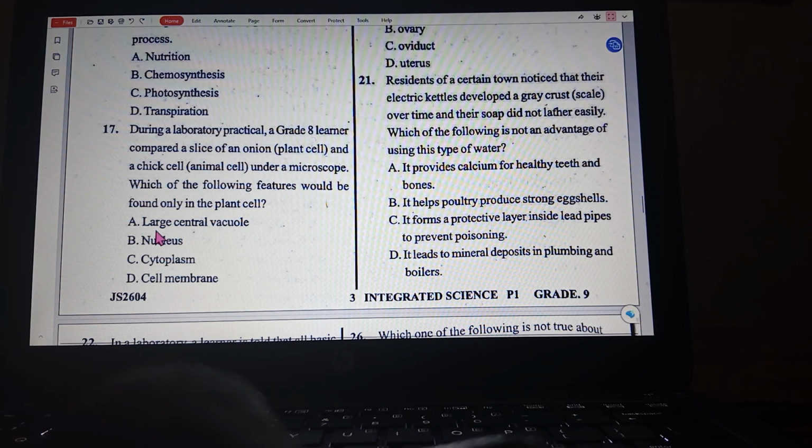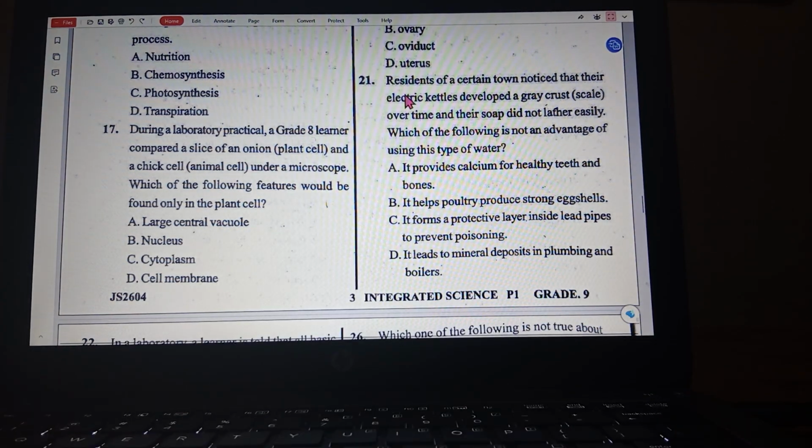Good. Now, large central vacuole. A large vacuole is present only in a plant cell, but not in an animal cell. In an animal cell, it might be absent, or if present, it is small in size. So the answer is A. Which of the following features will be found only in a plant cell? A. Large central vacuole.